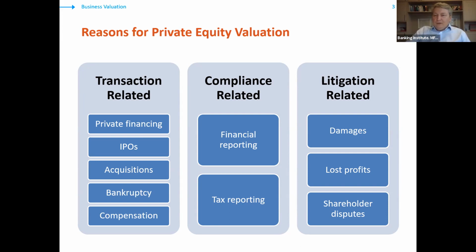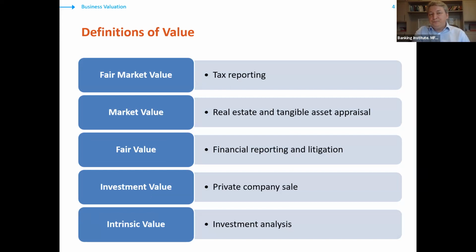And the last one is litigation. If we go into court for trial about damages or lost profits or shareholder disputes, in this litigation process, sometimes we need a valuation of this company. So because of that, we will do valuation.